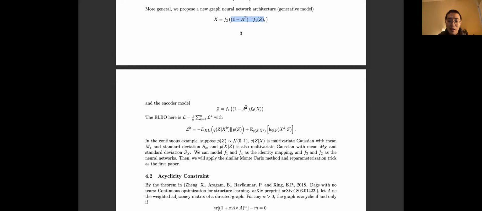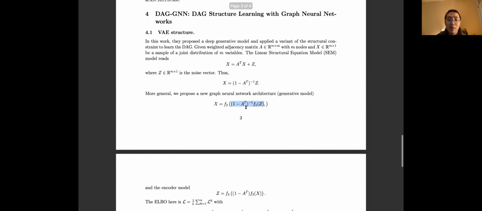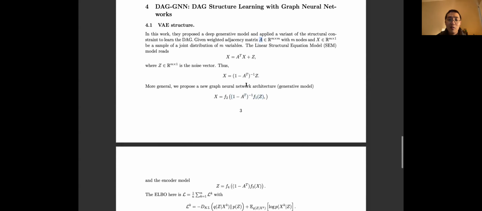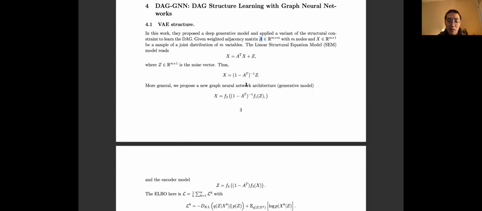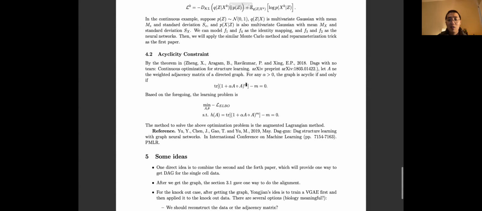So up to now, we haven't talked about any constraint about the DAG. Here we want to learn A, but in this paper they want to learn a DAG A, that is a directed acyclic graph. In this case, we haven't added any constraint on A to make it acyclic, so they add a constraint here.